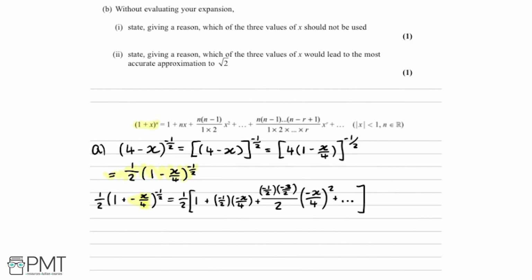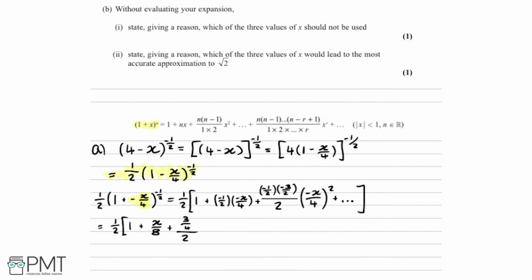Now we're going to multiply out these brackets a bit and tidy it up. So again, we've still got the half and the 1 here. Okay, so the minus a half multiplied by minus x over 4 is going to be x on the top over 8. Add it onto here. So I'm going to do this in a couple of steps. We're going to multiply out the numerator, so we'll get 3 over 4.